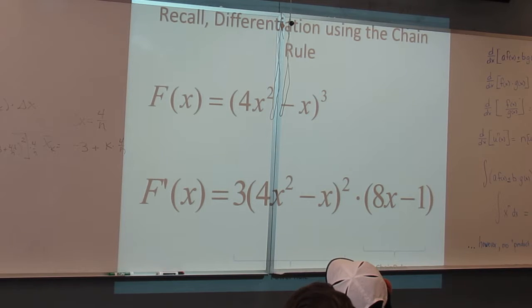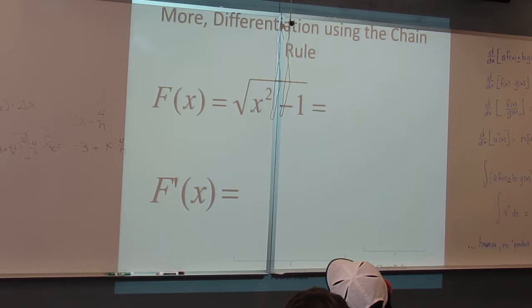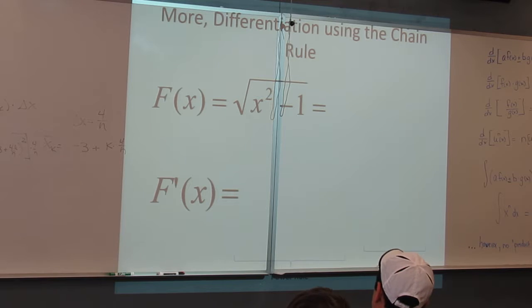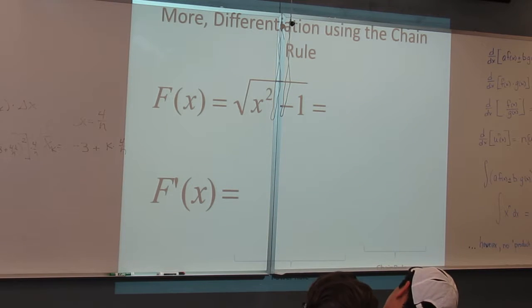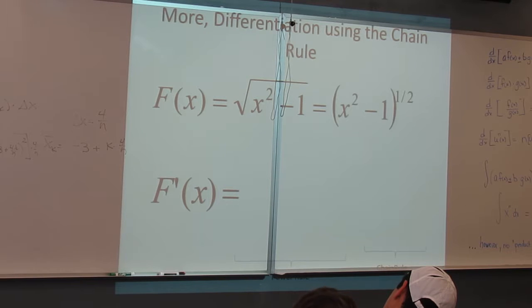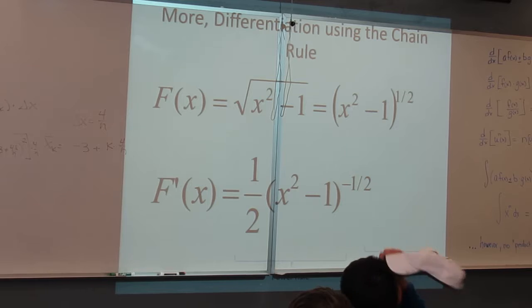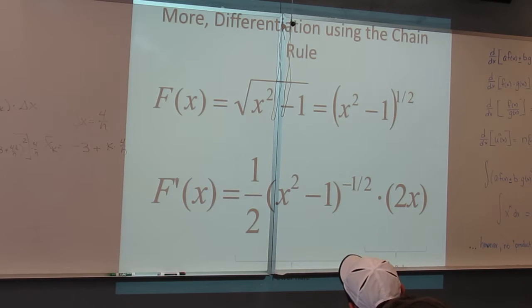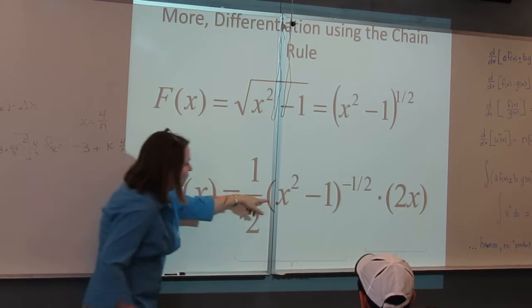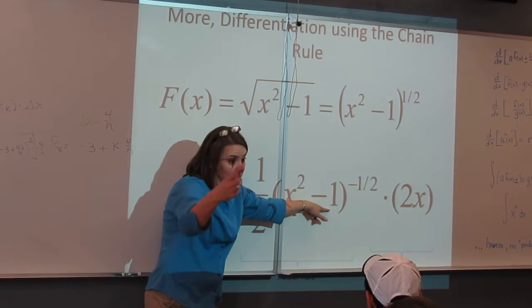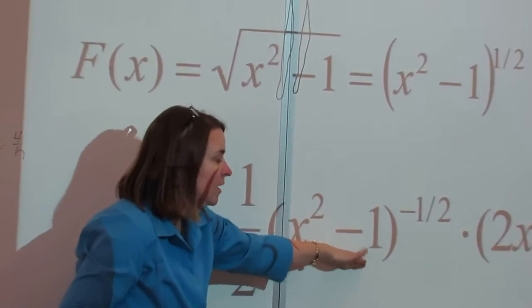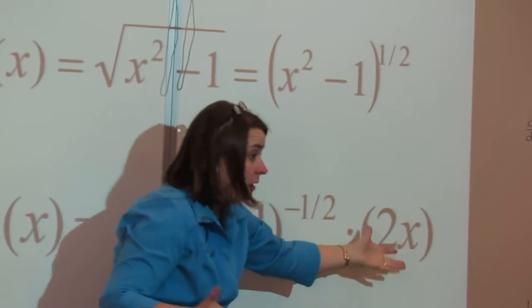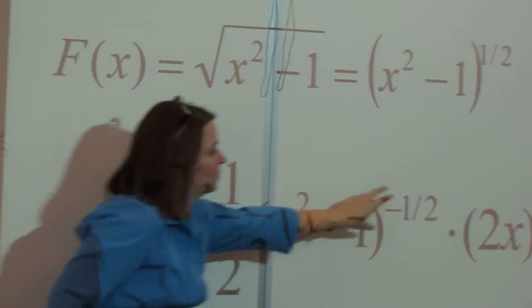What if we had the square root of that quadratic? Quadratic to the 1/2 and this one. Derivative of the outside, but don't forget the derivative of the inside. And we end up with that product. We're focusing on u in a moment. U is quadratic, u prime linear.